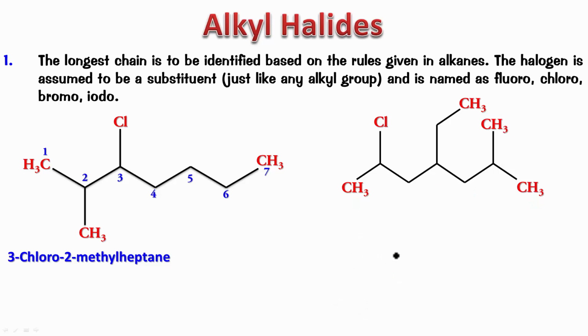So the numbering is done from the left side. This is the numbering, so write down the name. Chloro should come first. This is chloro here. This is ethyl. This is methyl. So chloro comes before ethyl, and ethyl comes before methyl. So this is going to be 2-chloro-4-ethyl-6-methylheptane.